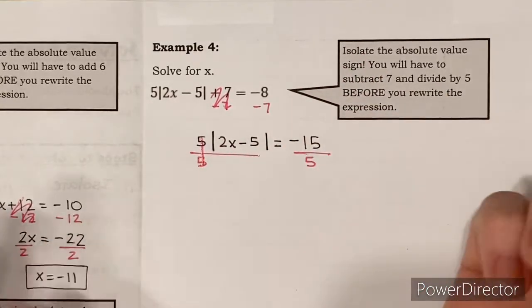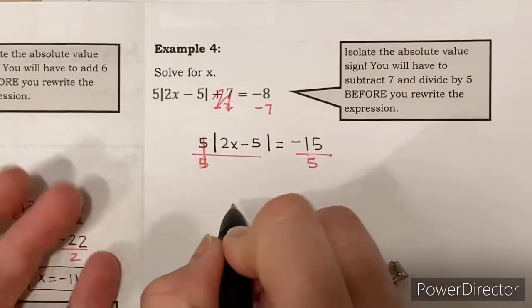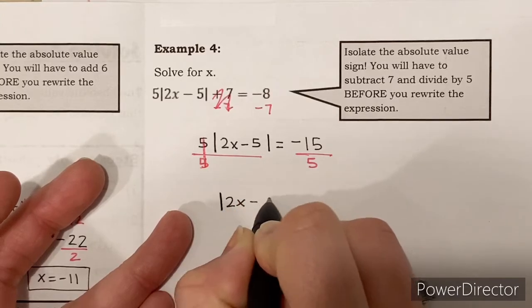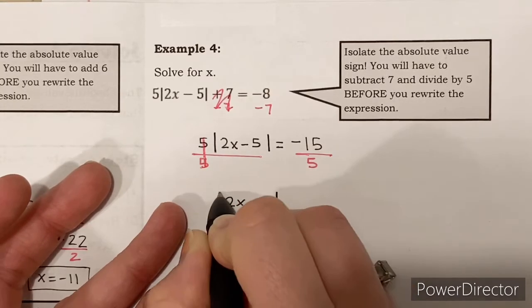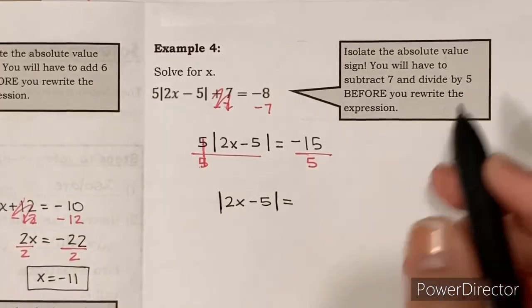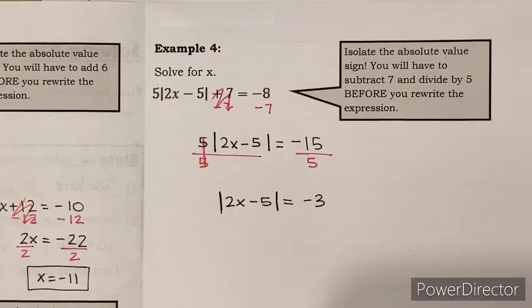And then the only thing that we're left with after we do that is that absolute value. So the absolute value is equal to, and then negative 15 divided by 5 is negative 3. And then now we have isolated that absolute value.